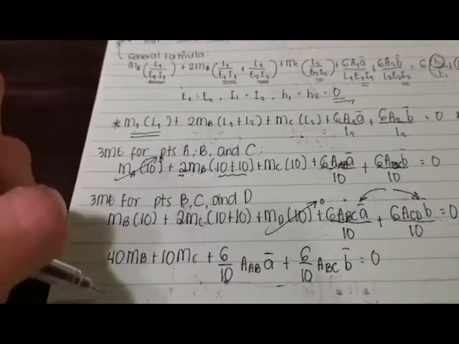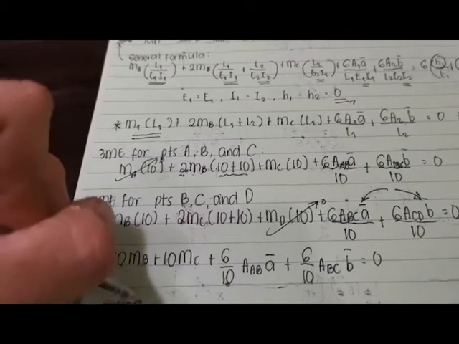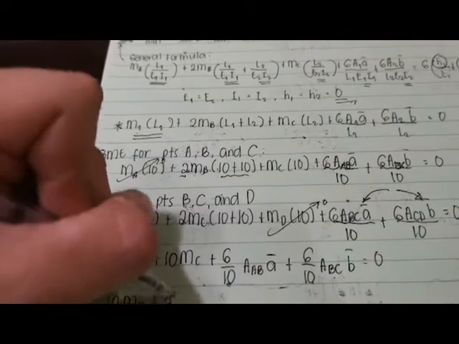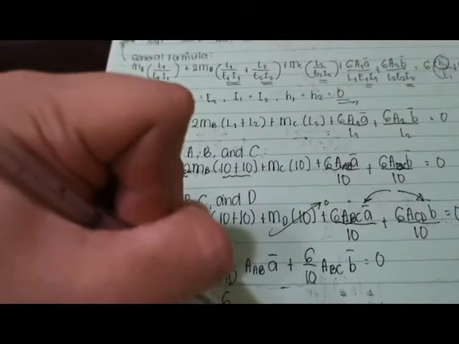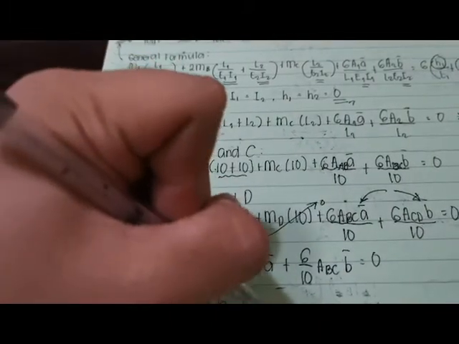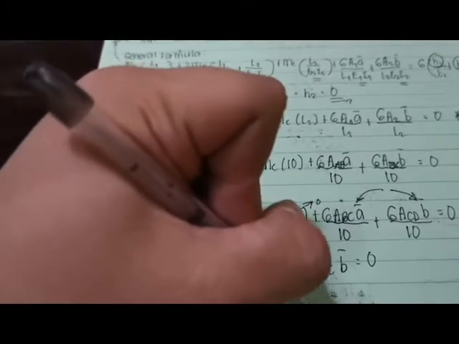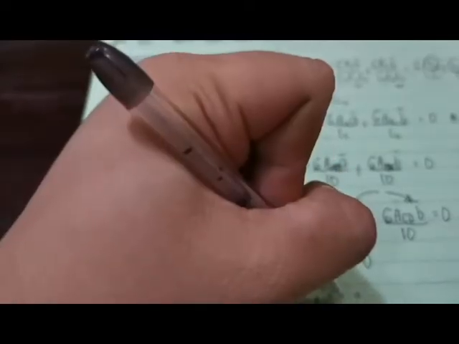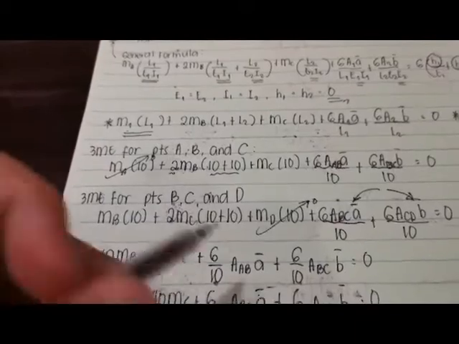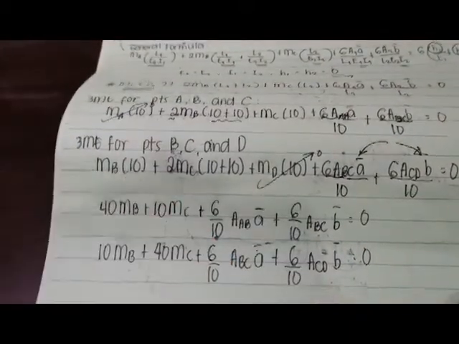Next, we have 10 MB plus 40 MC plus 6 over 10 area BC times A plus 6 over 10 area CD times B is equal to 0. So again, what are these area AB, area BC, and area CD?